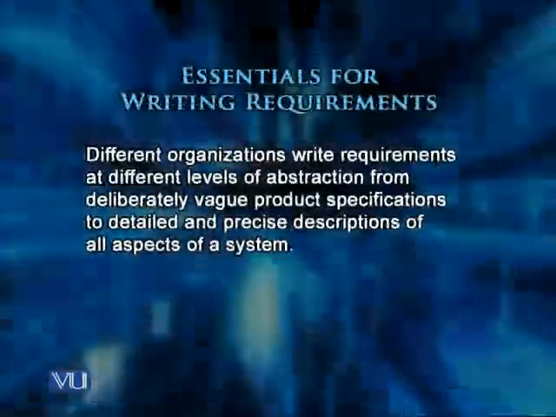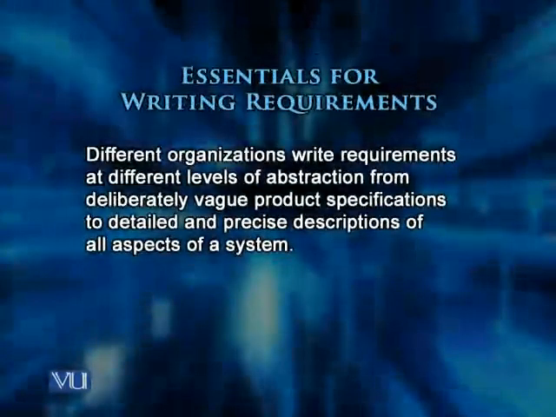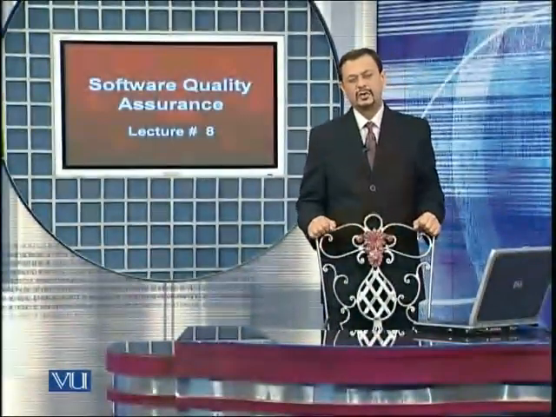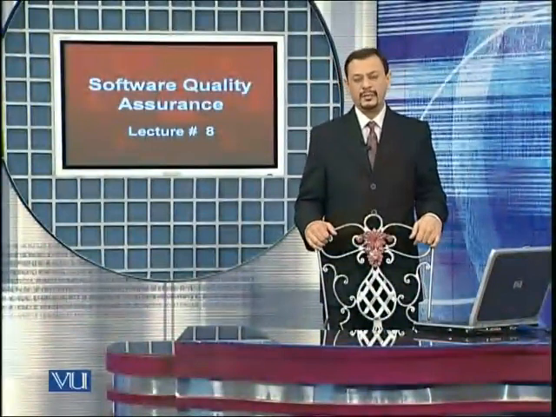Different organizations write requirements at different levels of abstraction, from deliberately vague product specifications to detailed and precise descriptions of all aspects of the system. Not only does this vary from organization to organization, but it also varies from domain to domain.